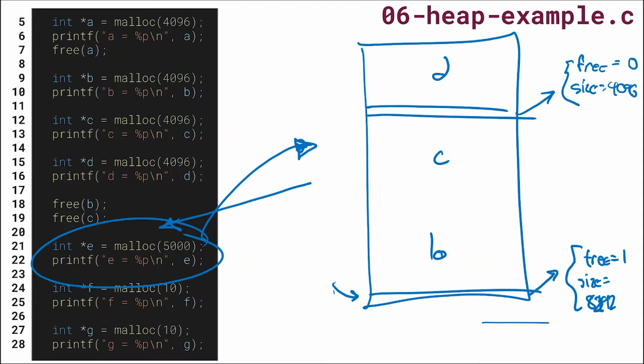So we actually have to coalesce our memory and make it into a bigger block. Then when we actually grab 5,000 bytes off of it, do we want to just say this entire block is now E? So if we said this entire block was E, we're now giving E 8,100 bytes for just a 5,000 byte request, right?